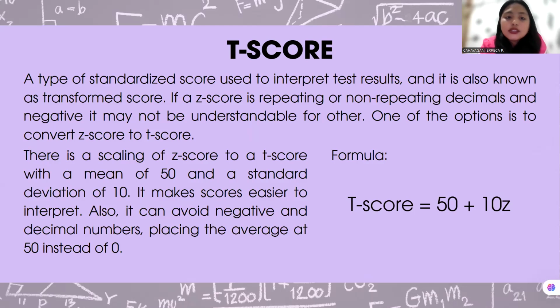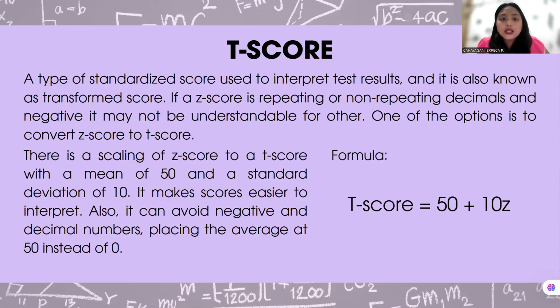There is a scaling of z-score to t-score. A mean of 50 and a standard deviation of 10 makes the scores easier to interpret. Also, it avoids negatives and decimal numbers, placing the average at 50 instead of 0. So a t-score is typically always positive. It doesn't have any negatives, but it may still have decimal points.